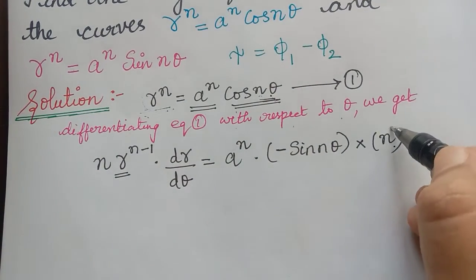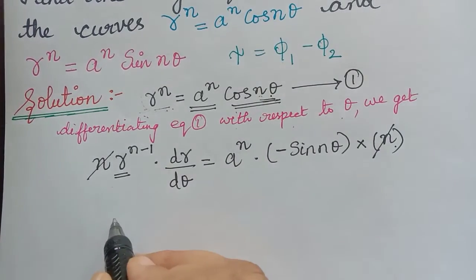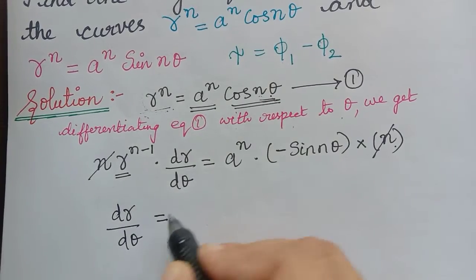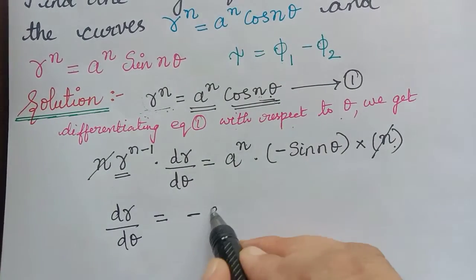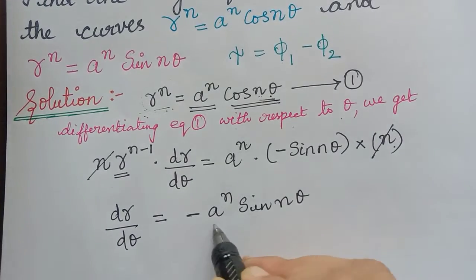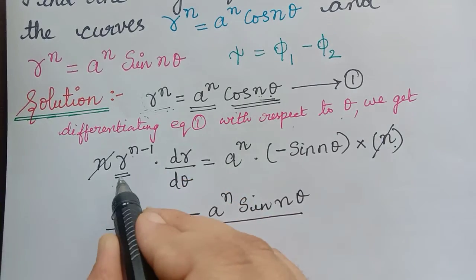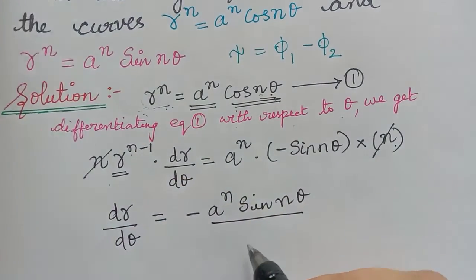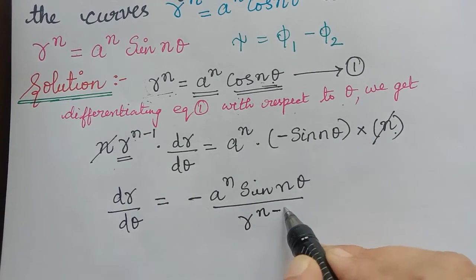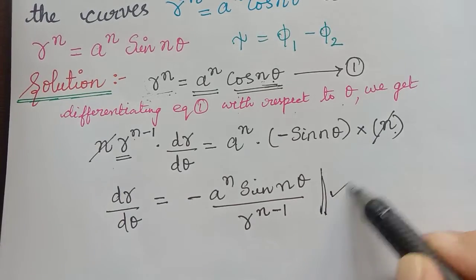Now the n on the right and the n on the left get cancelled, and so we obtain dr/dθ equal to minus a^n sin nθ, divided by r^(n-1), which is on the left. When it comes to the right, it comes in the denominator, so we have r^(n-1). So now we have obtained dr/dθ.